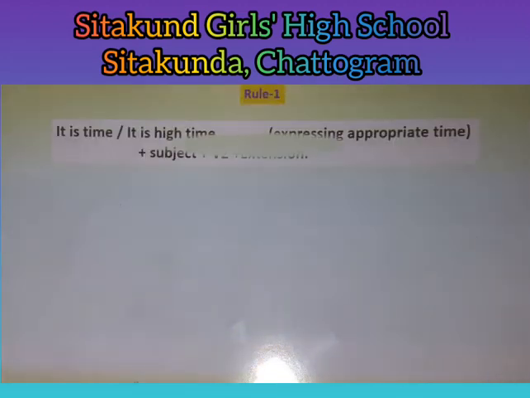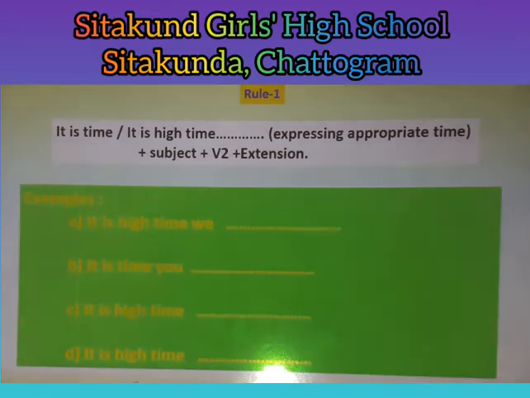Rule 1: It is time or it is high time, meaning expressing appropriate time, plus subject plus first form plus extension. So if any sentence starts with "it is time" or "it is high time" as a first portion, you have to complete incomplete sentences by following these rules: subject plus first form plus extension.